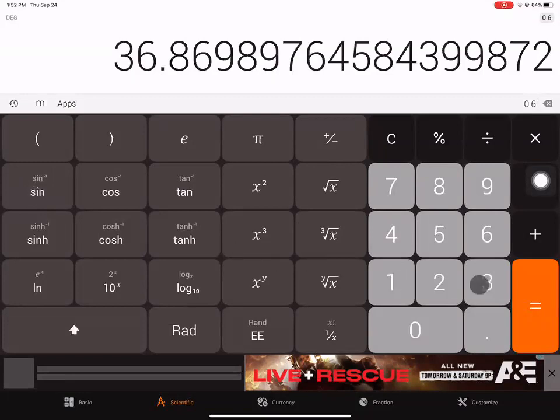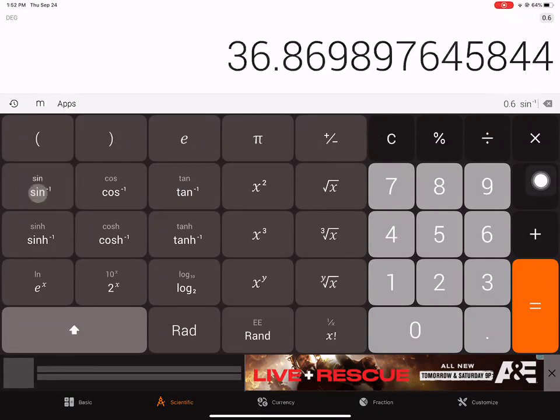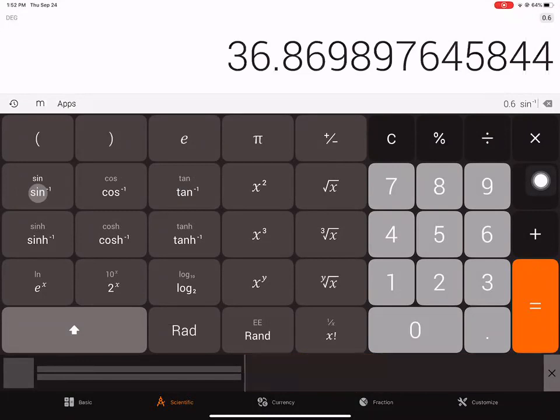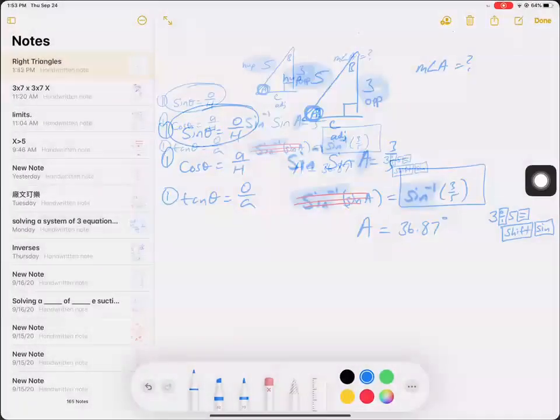So I'm going to type 3 divided by 5 equals, and then I hit the shift. Look at the shift button here. See the shift button here? Shift, and then it allows me to hit sine inverse. That gives me the 36.86. And that's how you're going to go back to find the angle. Once you find one angle, great, because once you find one angle, you can find the other one.